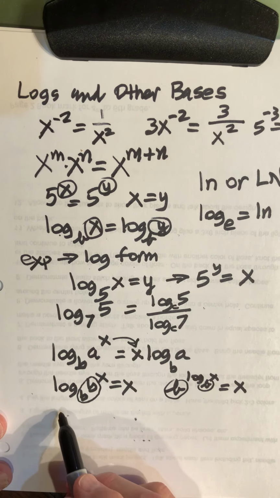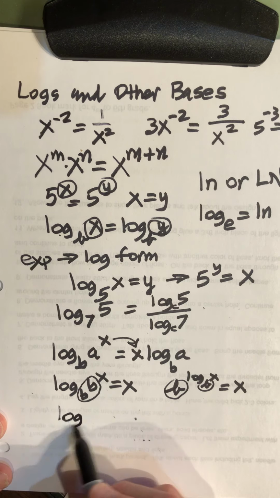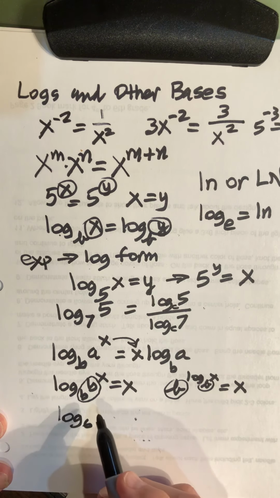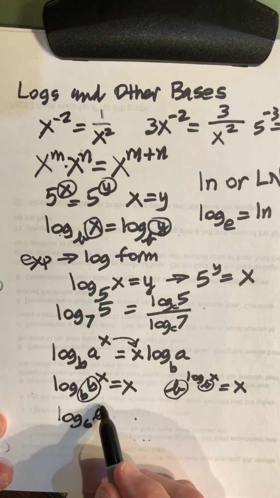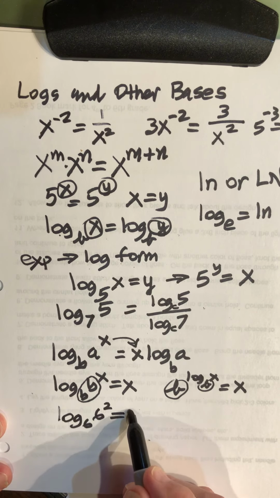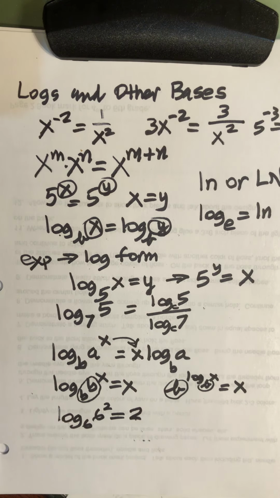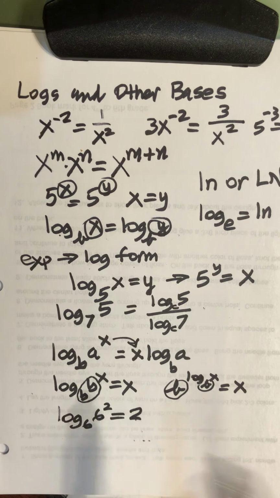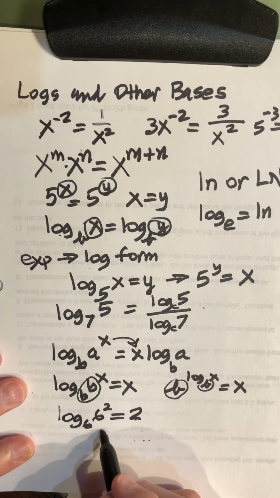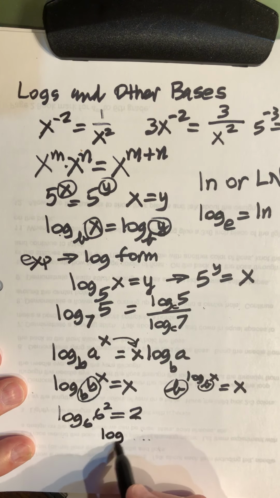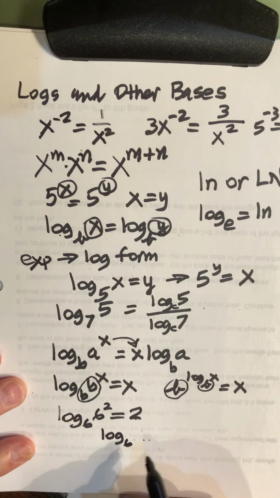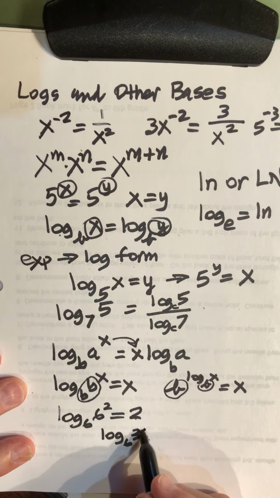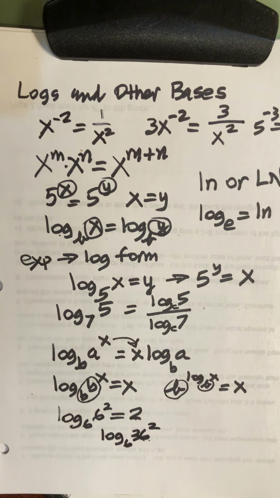Let's do examples. Log base 6 of 6 squared equals 2. Why? Because these two numbers are the same. That allows us to do that. Well, what if I had log base 6 of 36 squared? Could I simplify that?